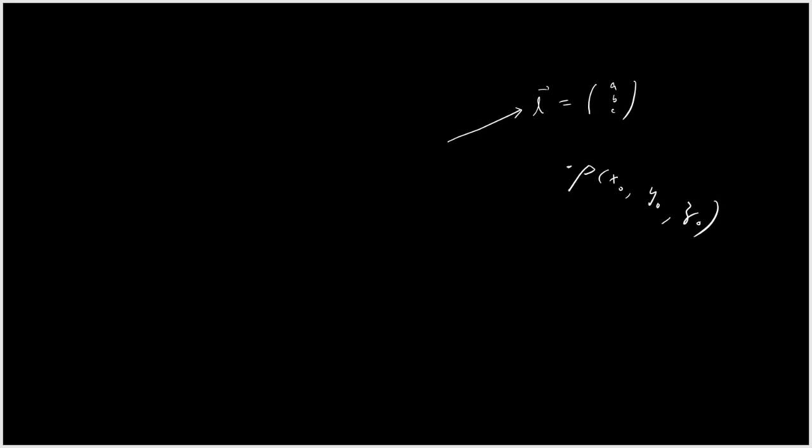Again, the point is on the line, and the line is also parallel to the vector L. I was trying to say these two pieces of information can uniquely determine a line. The line is something like this. Imagine the thing in space. Now we're trying to get the equation of the line.